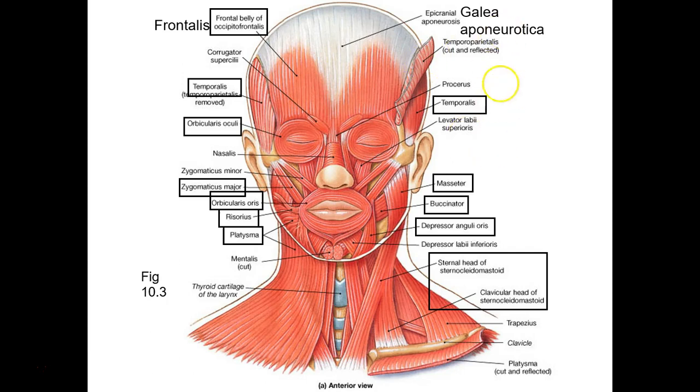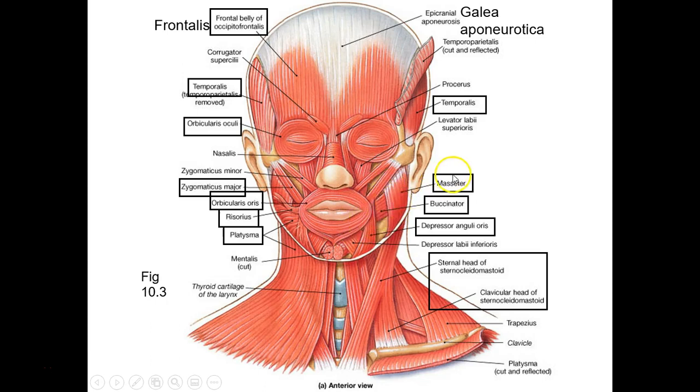So these, like the Frontalis and the Orbicularis Oris, Zygomaticus major and minor, those are muscles of facial expression. So facial expression, obviously controls your expression, where mastication, that controls chewing or moving the mandible.